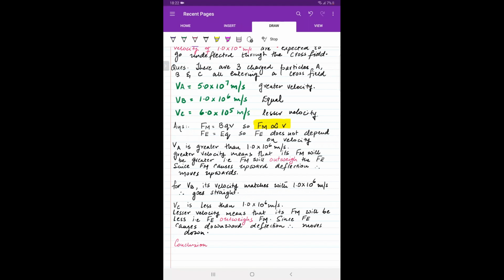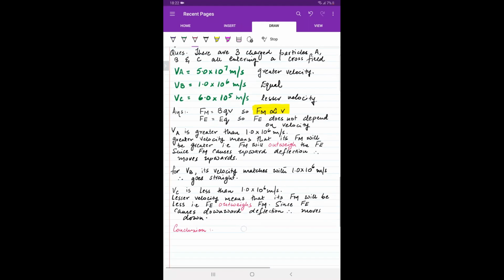एक example बना के class over कर दूंगा. Conclusion के अंदर, the idea of cross field can be used as a velocity selector. The name does make sense.